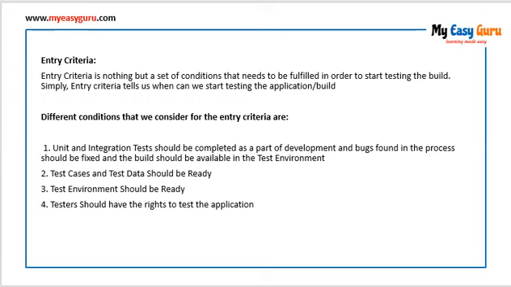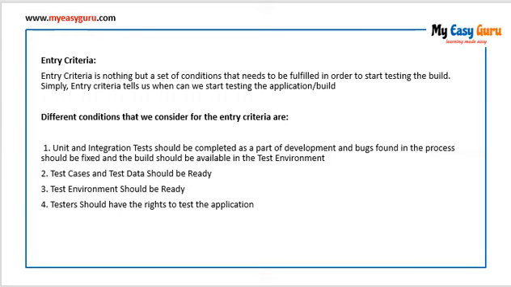Then you need to have maybe the cable connection, or maybe internet. If you're watching it on Android TV, then you need to have internet for that. So these are some basic conditions to watch the movie, right? Similarly, entry criteria has some conditions.